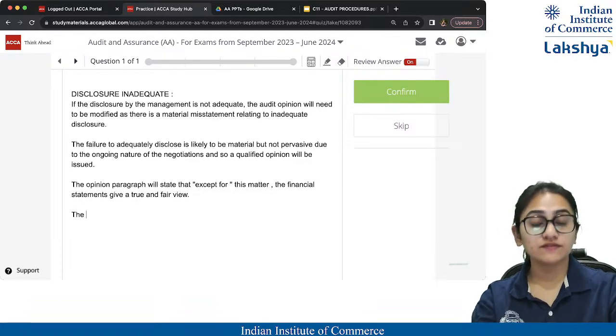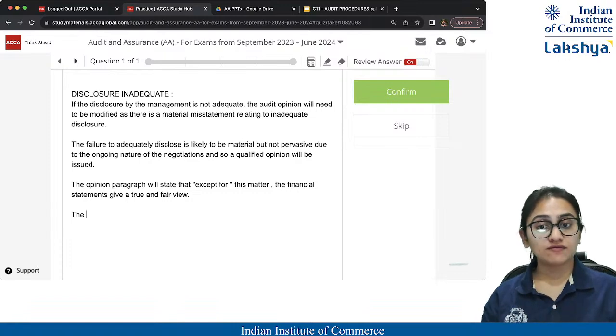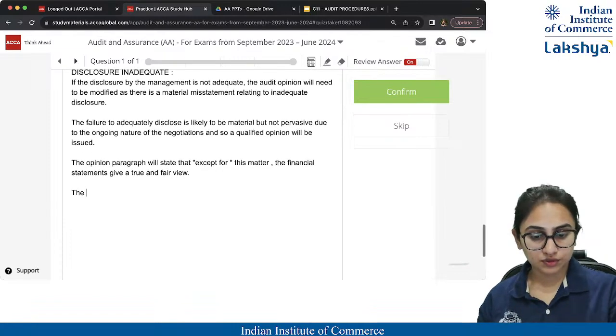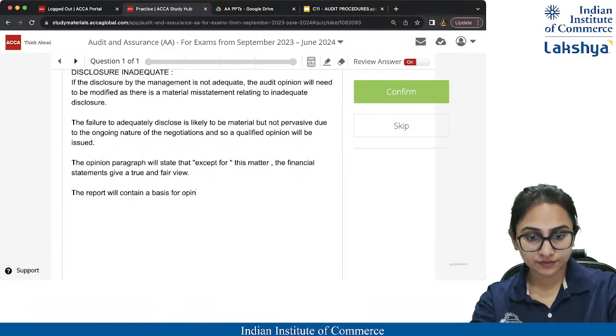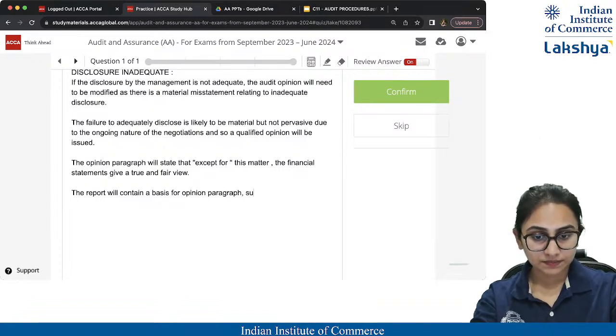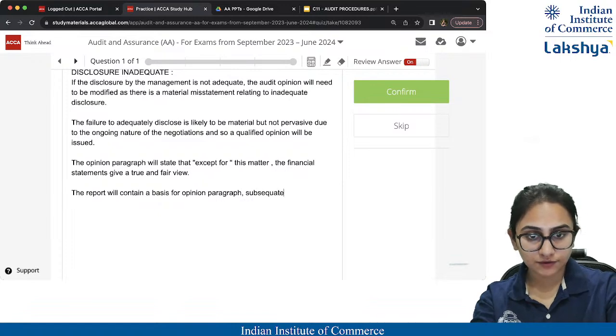And once you give the opinion, you also have to give a basis for opinion. So the report will contain a basis for opinion paragraph, subsequent, that is after the opinion paragraph.